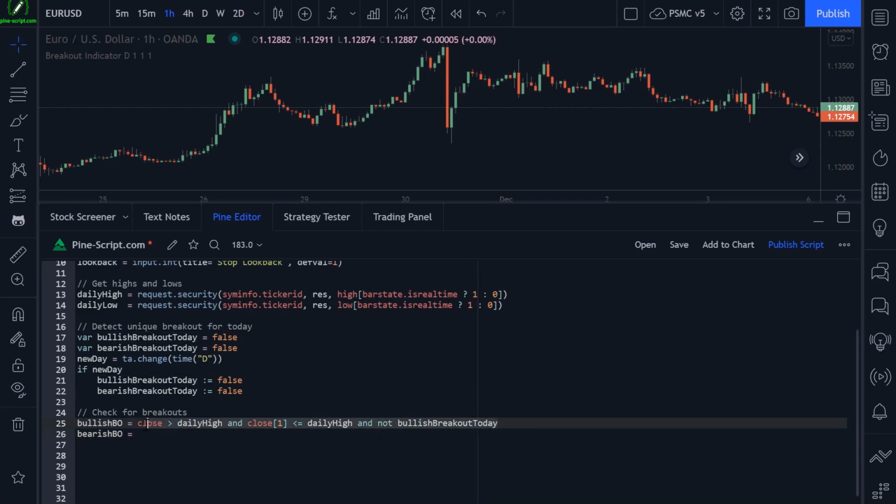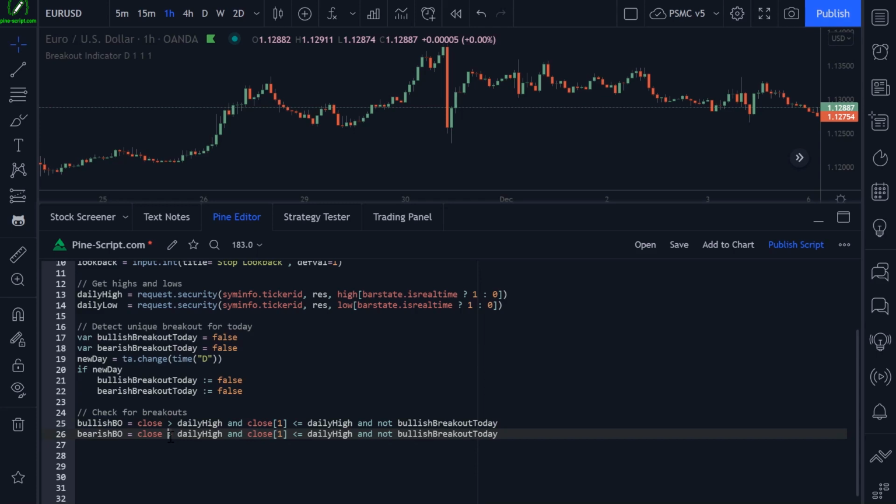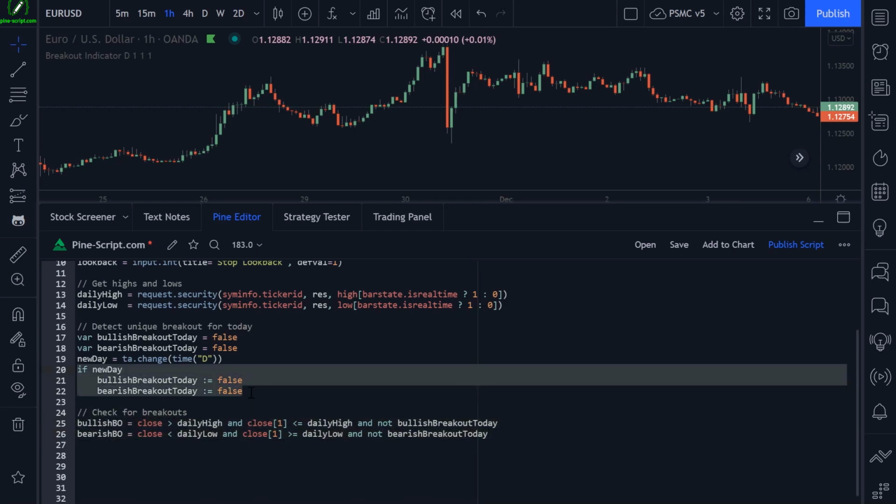I can copy this line of code, paste it down here, flip our operators and change this to daily low and not bearish breakout today. So now we're detecting unique bullish and bearish breakouts on each day, and whenever a new day begins, our breakout flags are reset to false.